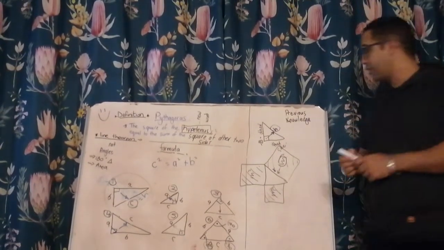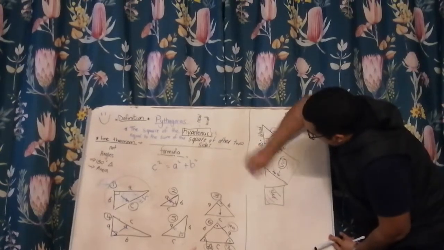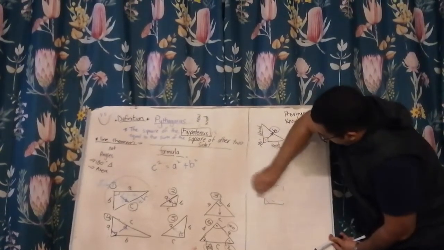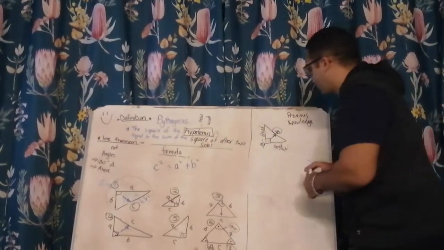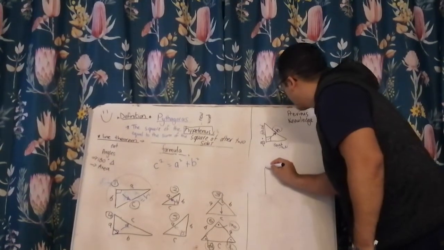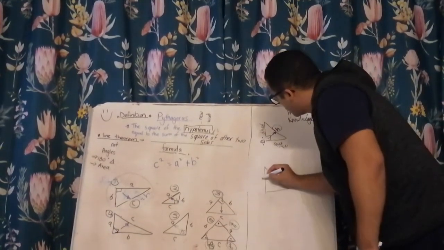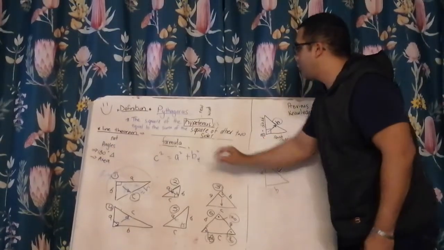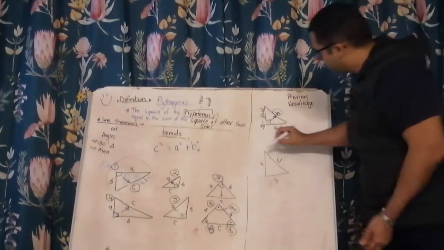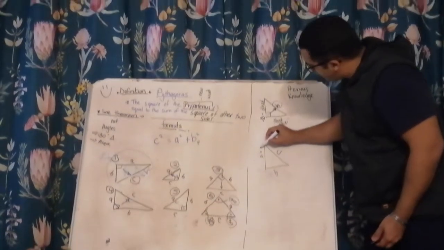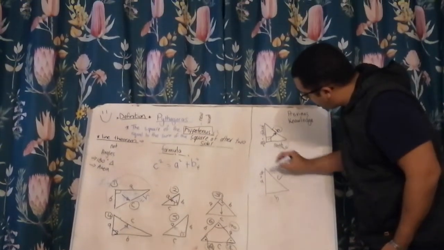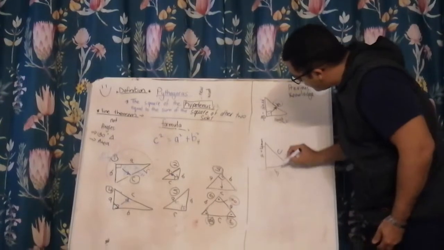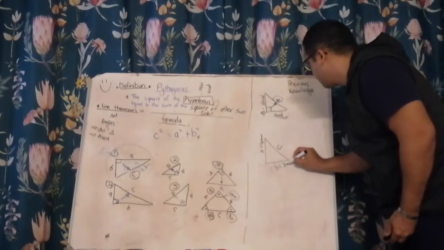Let's use an example to find out. Draw another triangle quickly. Triangle A, B, C, exactly the same as our formula. I'm going to give a unit to it. Let's say our unit for A is 4 millimeters, and the unit for B is 3 millimeters.